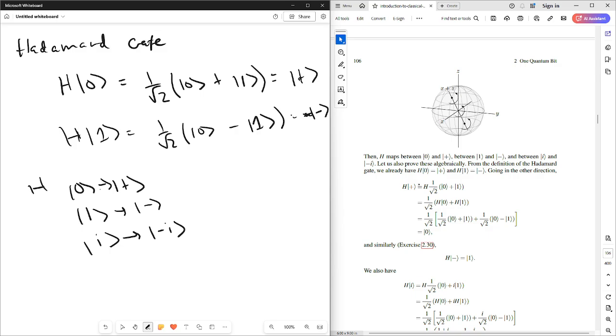And vice versa, right? So we can say if we apply a Hadamard gate to the state i, it'll go to state 1.